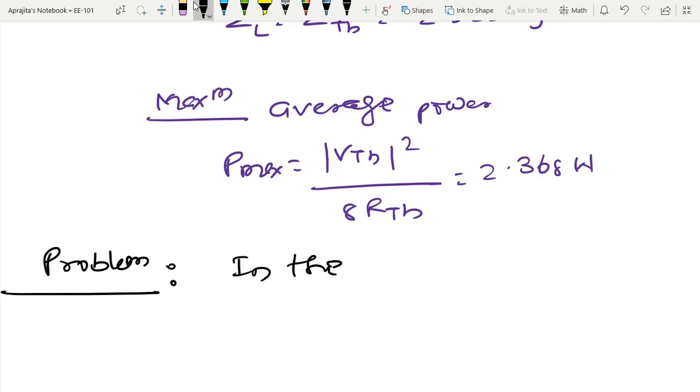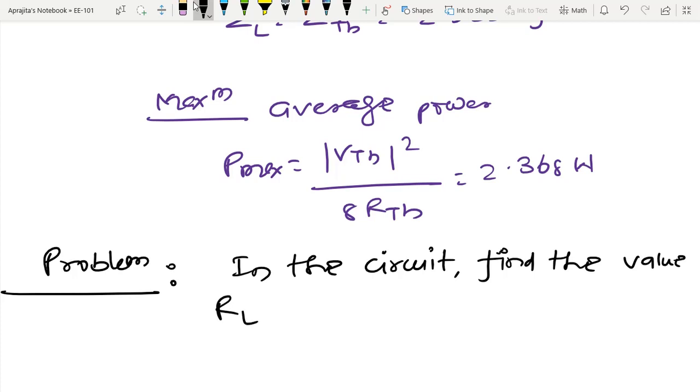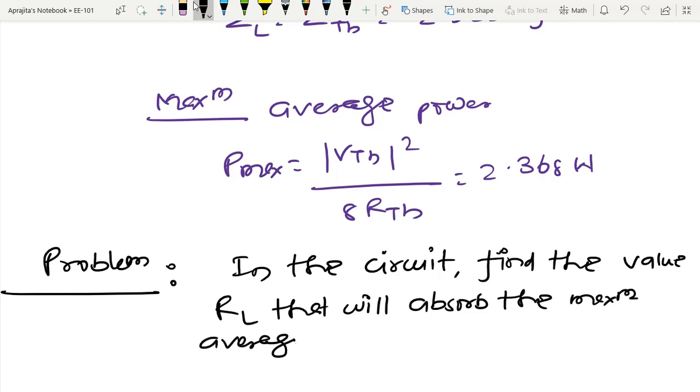I am going to draw the next circuit, and here I am assuming that whatever load, that is just a resistive load, the value RL, will absorb the maximum average power, and again I have to calculate that power.